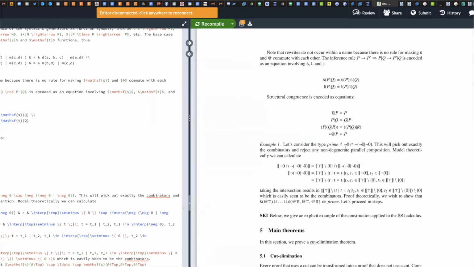But it is worthwhile noting that prime gets its power from the negation. That's something that I wasn't aware of.